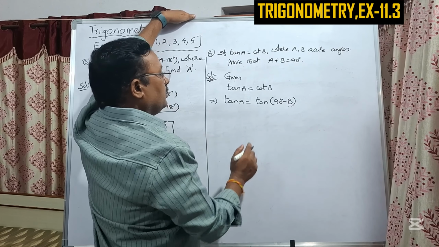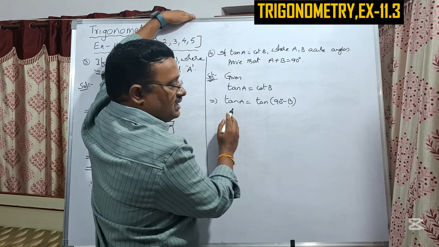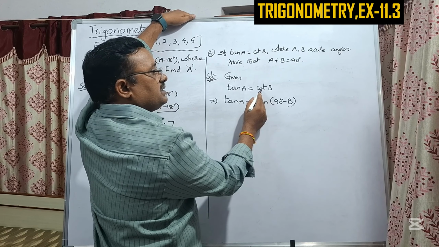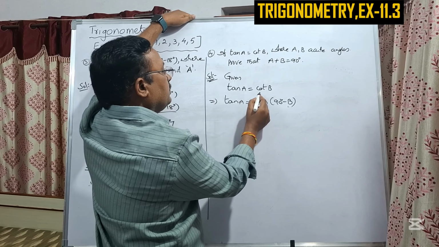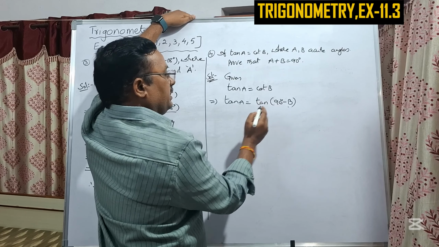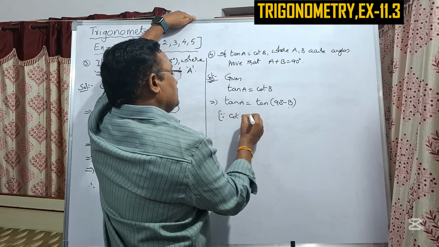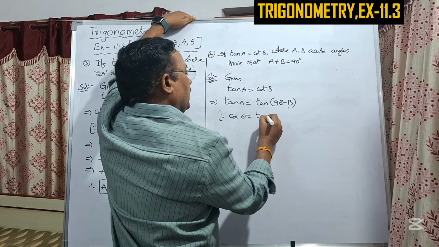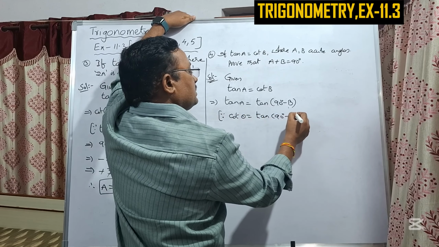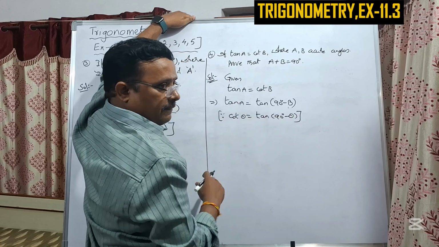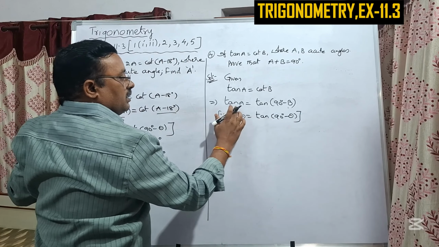So the first term is taken as it is, the second term is applying the complementary property. So complementary function with complementary angle. That means write that condition: cot theta is equal to tan(90 degrees minus theta). This rule is applied. Now just simplify.